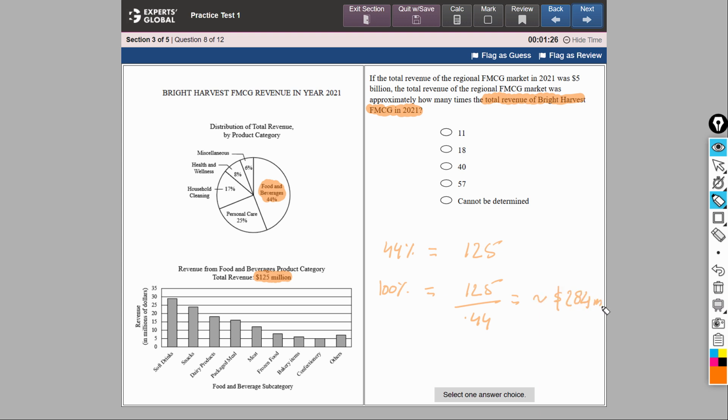The question says that the regional FMCG market was $5 billion, therefore $5,000 million. We need to find how many times this 5,000 value is of 284. So the required answer is simply 5,000 divided by 284, which is approximately 18. That's the right answer.